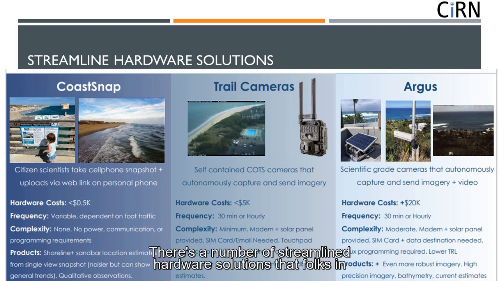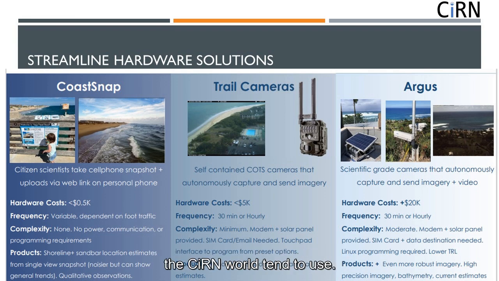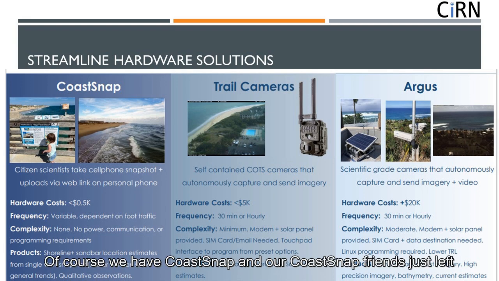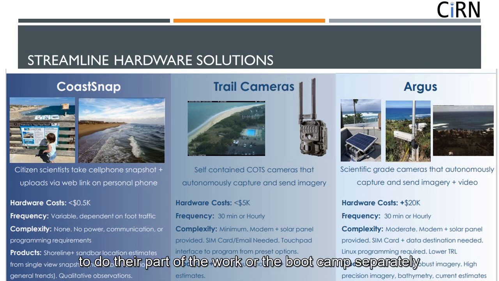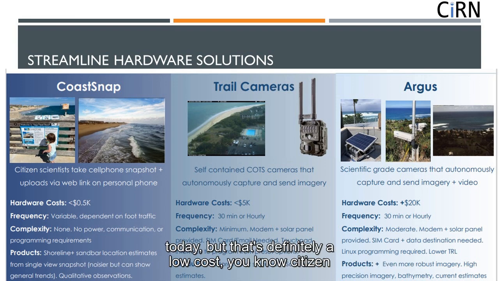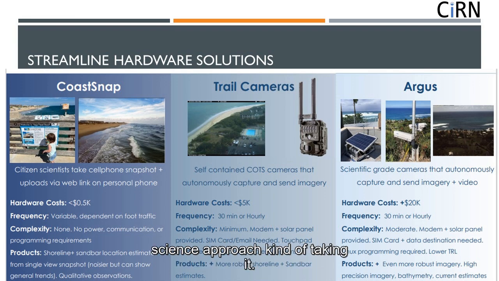There's a number of streamlined hardware solutions that folks in the CIRN world tend to use. Of course, we have CoSnap, and our CoSnap friends just left to do their part of the boot camp separately today, but that's definitely a low cost, citizen science approach. Kind of taking it the next step up would be moving to trail cameras.